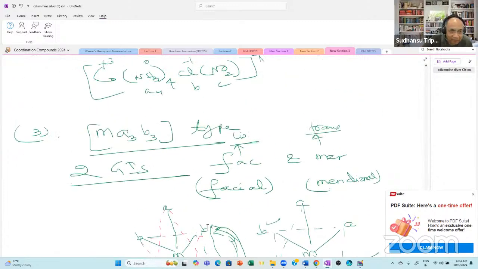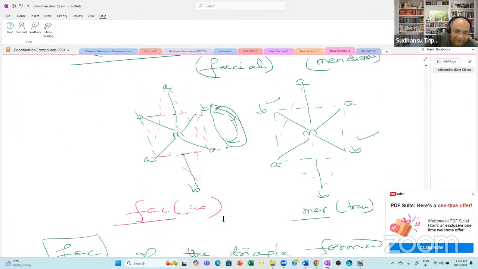Now none of them is chiral, because you can get a plane of symmetry or center of symmetry in this octahedral complex. So it exists only as two geometrical isomers, fac and mer.